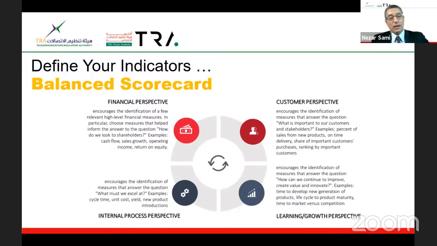And then any startup or any entrepreneur is looking for money, financial indicators. What are the financial indicators? Cash flow indicators, sales growth indicator, percentage of income, ROI. All these financial terms are extremely important to follow to assure that my enterprise or my startup is performing well.